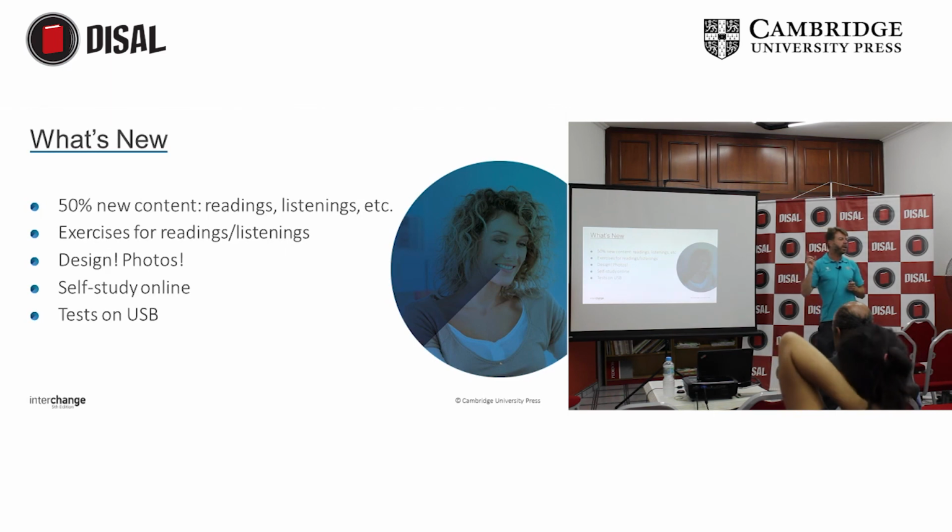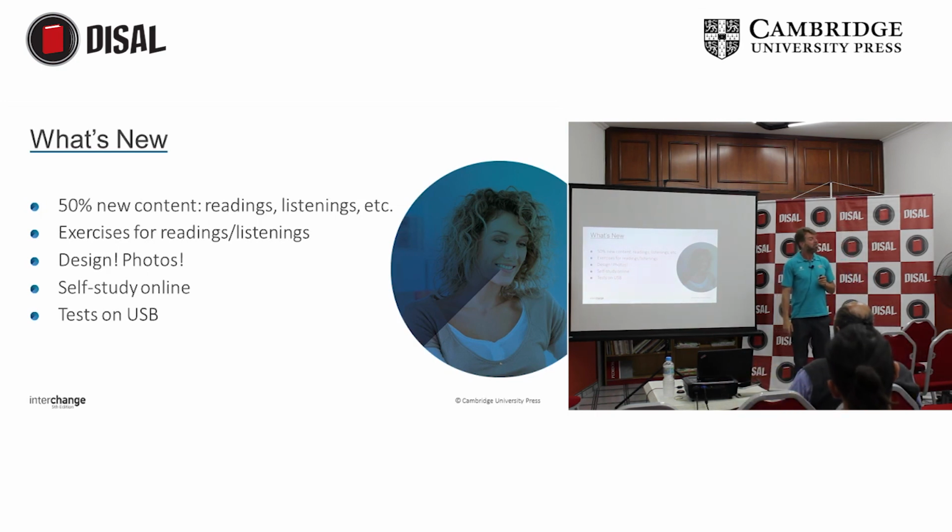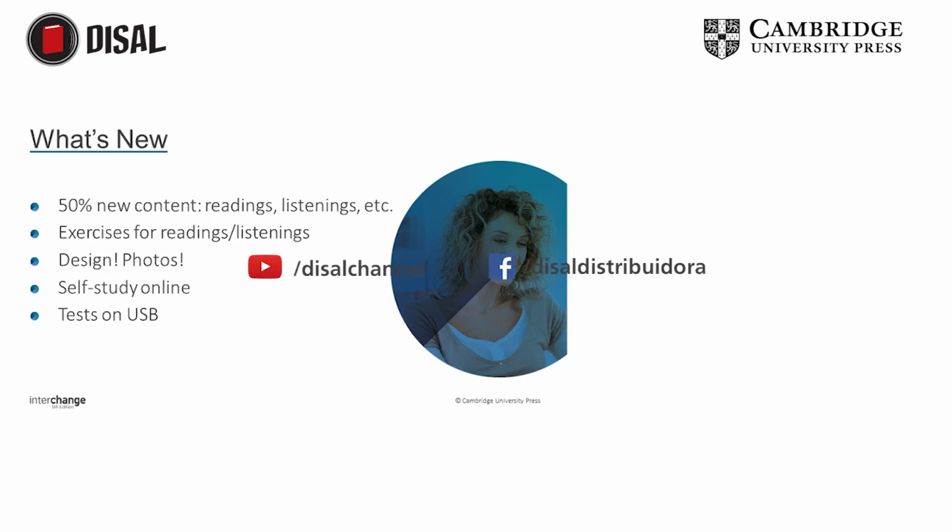Tests on USB. Teachers now receive a memory stick. Once I said pen drive in the UK, they said, what? They don't use pen drive in the UK. They use memory stick. In the UK, it's memory stick. Yes.